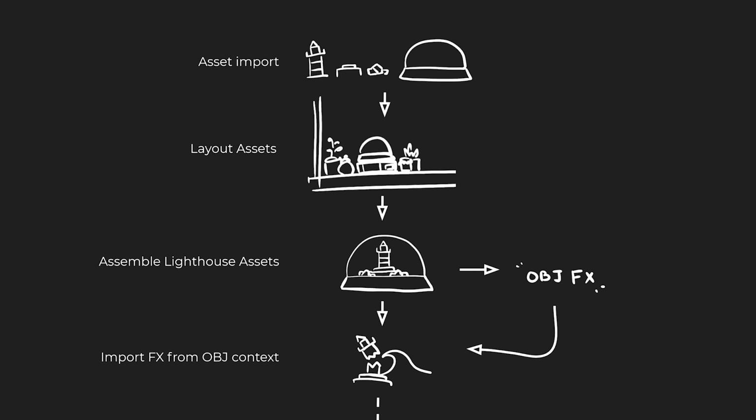So I fractured the lighthouse in OBJ. I made the glass and the rocks and all that as colliders. And then once the effects are all done, they're brought back into Solaris.